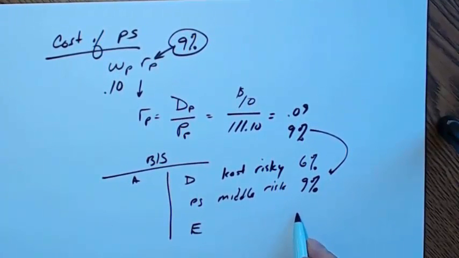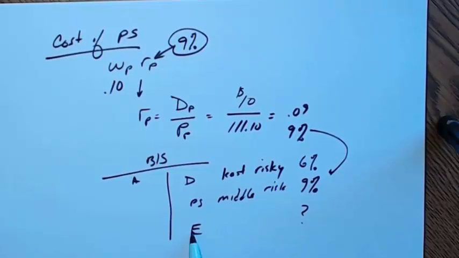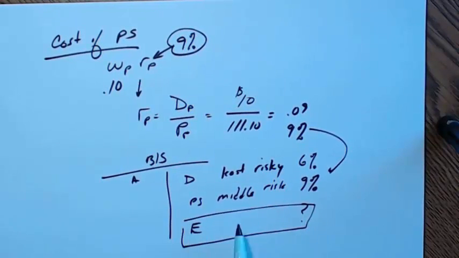And common stock should be even higher, and we'll determine that in a few minutes. These are the people holding the riskiest form of capital of the company, because if the company goes bankrupt, the equity holders get paid off last.